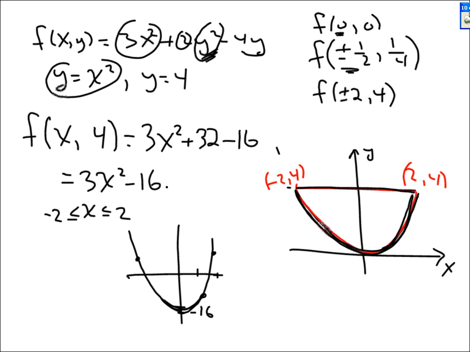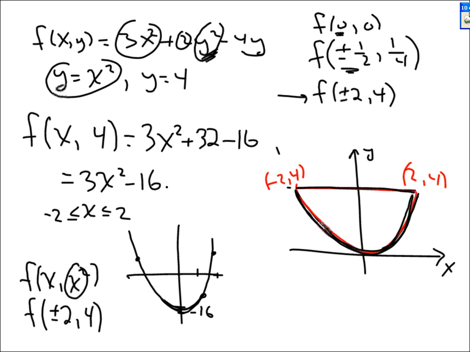Okay, and in the last case, it was f of x comma x squared, and if I let x be the endpoints, when I square them, I always get 4, and that one we're looking at. But what I did mess up on is we're going to have a min right there. We're going to have a min when x is 0. And of course, y is 4.